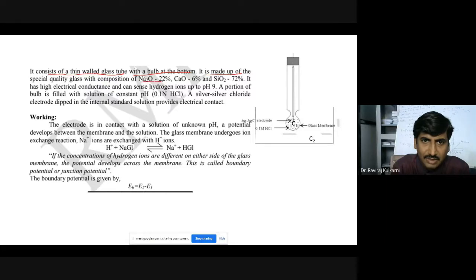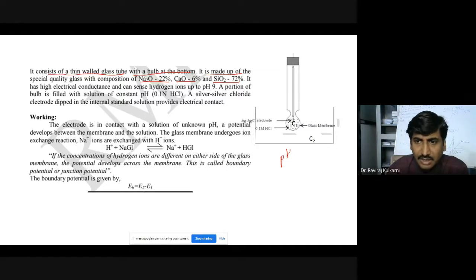What is that special quality glass? Sodium oxide 22%, calcium oxide 6%, and silica 72%. It has high electrical conductance and can sense hydrogen ions up to pH 9.